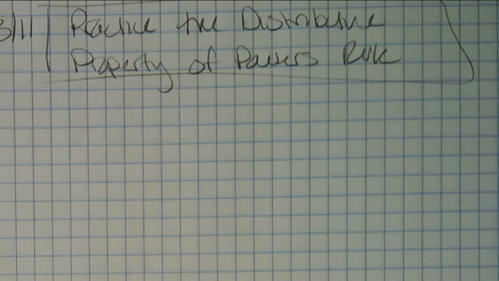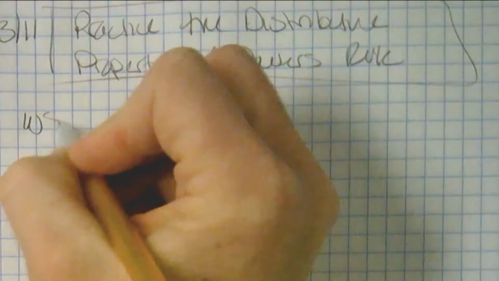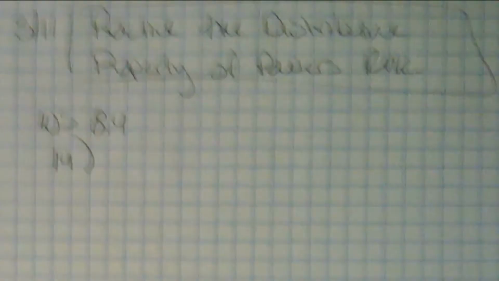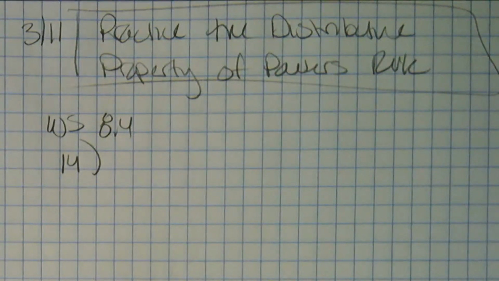So I'm going to do number 6 to number 14 for you. This is from worksheet 8.4, and this is number 14. Please make sure you're taking good notes on this, so you can use these as a guide when you're doing tonight's homework, because these are harder problems. This is our 8th grade book.